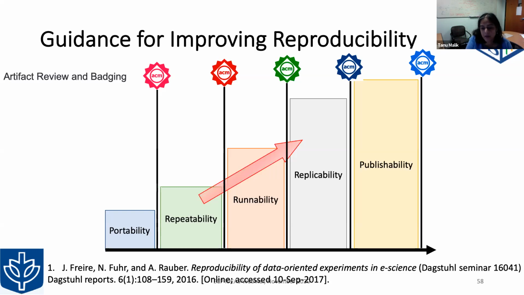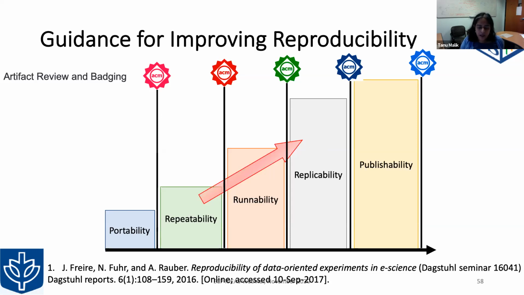No, it might be that it runs, but it does not produce the same result, or it produces a nearby result. So we need different levels of badging as well, which ACM is already doing, to say, well, we could run the application, we could find all the artifacts, but we could not run it. Different kinds, such as that we could change the method and so on and so forth. So it's both a process and a guarantee.